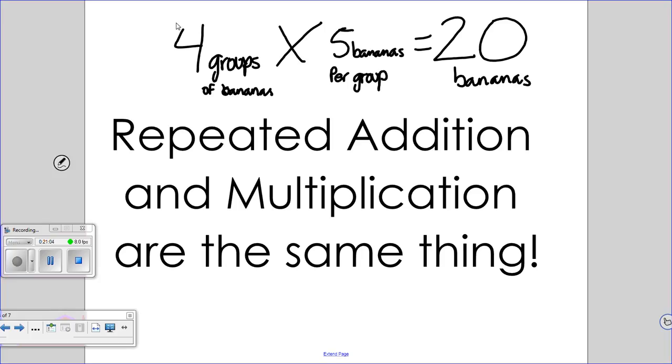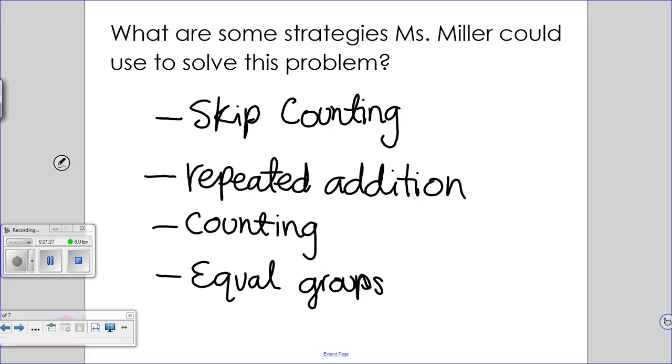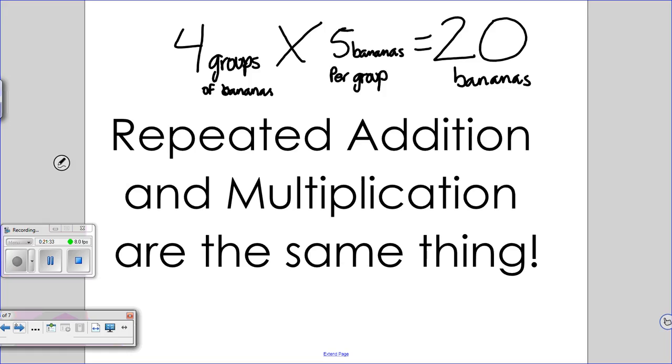So 4 groups of bananas times 5 bananas per group. That means there were 5 bananas in each bunch, each little group, and it gave us 20 bananas. And Harley just checked me by doing skip counting, which we said was one of our strategies that we could use. That works for her.